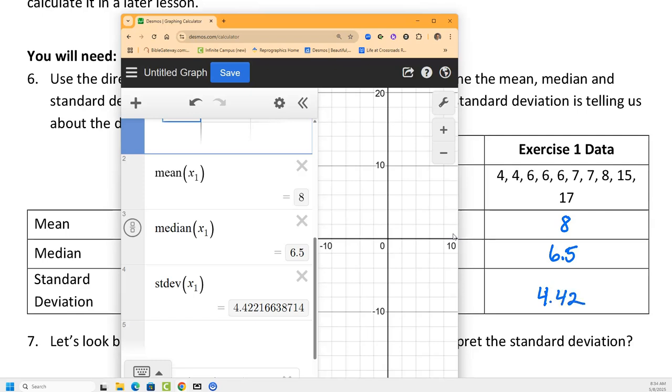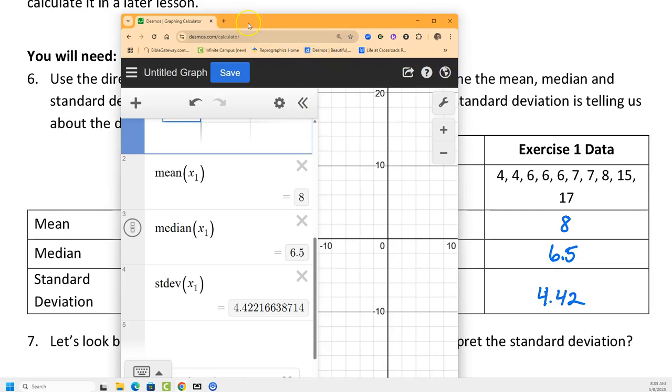So most of the people invited to the party were between 3.5 and 12.5. 4.42 is a fairly small number, so we can see a lot of the people invited were very close in age.